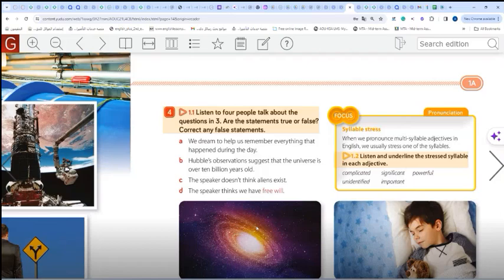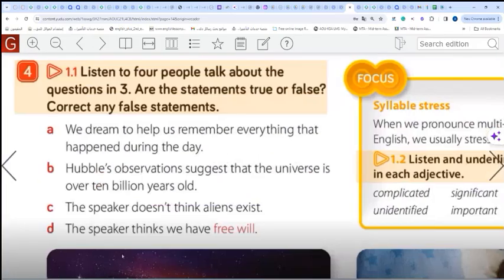Dear students, do you have any difficult word or phrase? Hubble. What does it mean, Hubble, doctor? Do you know what we mean by Hubble? No. Okay, so Hubble is known as the Hubble Space Telescope.